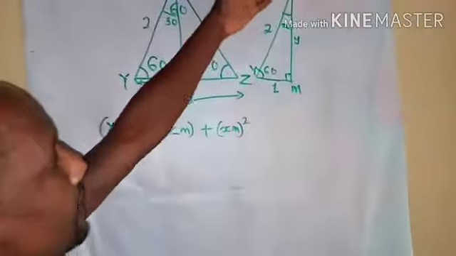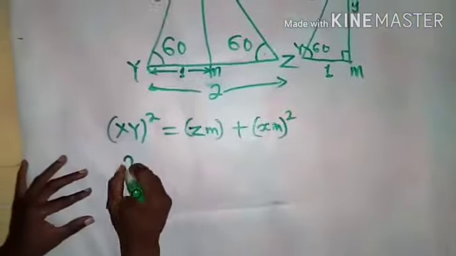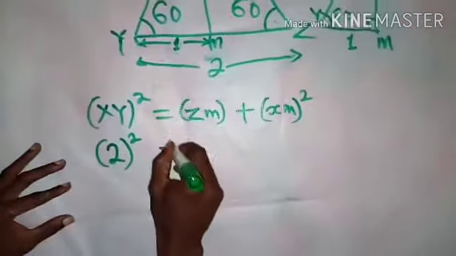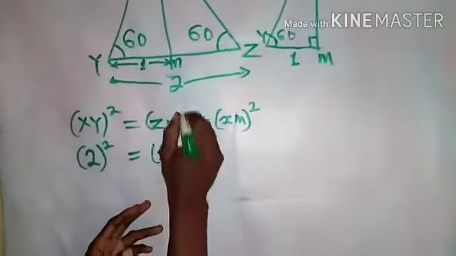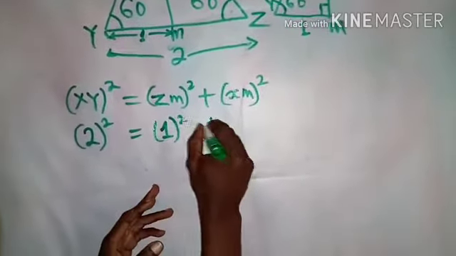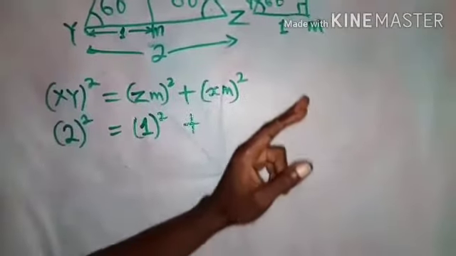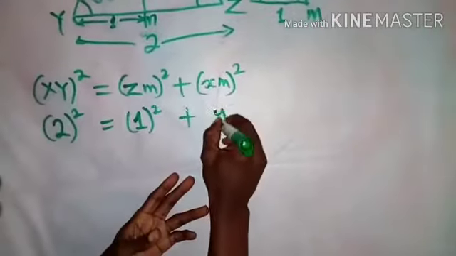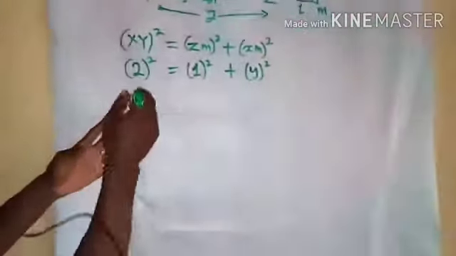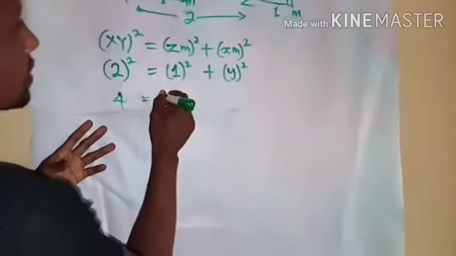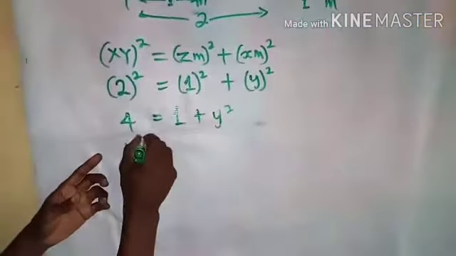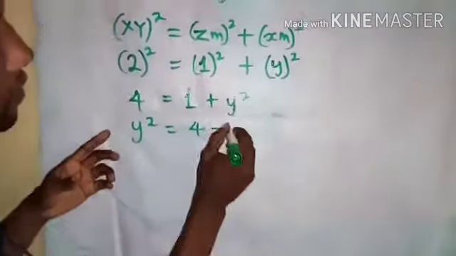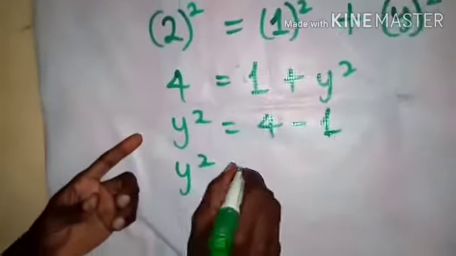We are given xy, which is 2, so 2 squared, zm, which is 1 squared, plus xm, which is what we're looking for, y squared. The square of 2 is 4. 1 times 1 is 1. And we still have y squared. Making y the subject of the formula, y squared equals 4 minus 1. So y squared equals 3.